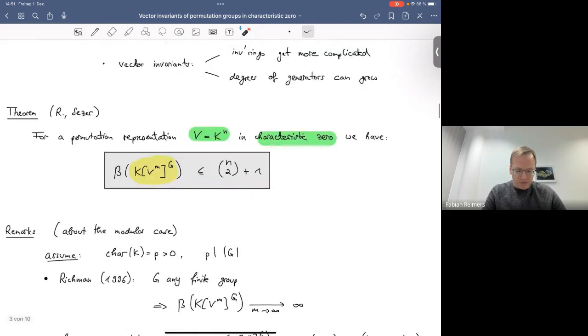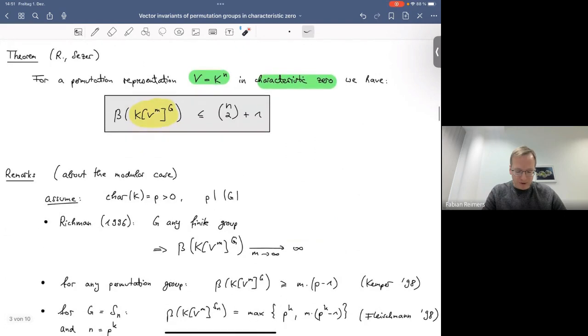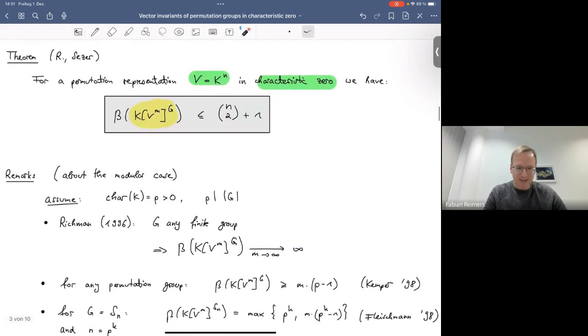First I want to make a few remarks about the modular case, which obviously is missing from our theorem. By modular case in invariant theory of finite groups, we always mean we have a field of positive characteristic, and this characteristic divides the group order. Then, as most of you probably know, there's this famous lower bound by Richman.